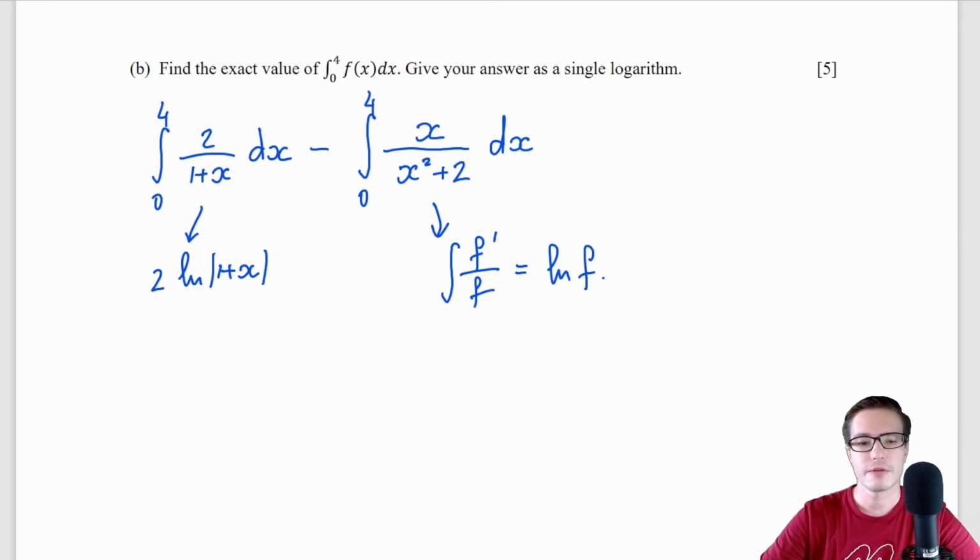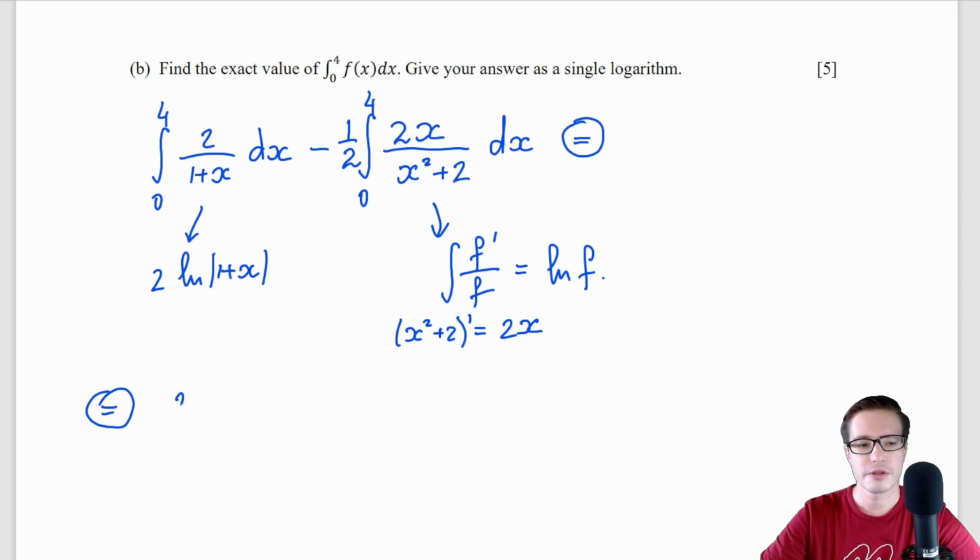Now notice that in that formula, the bottom part of the fraction is f. So let's differentiate x squared plus 2. And that equals 2x, which is almost the same as x, but apart from the 2. So what I'm going to do is I will sneak in 2 in the numerator, but in order not to change the fraction, I will put 1 over 2 in front. And now I can use that formula.